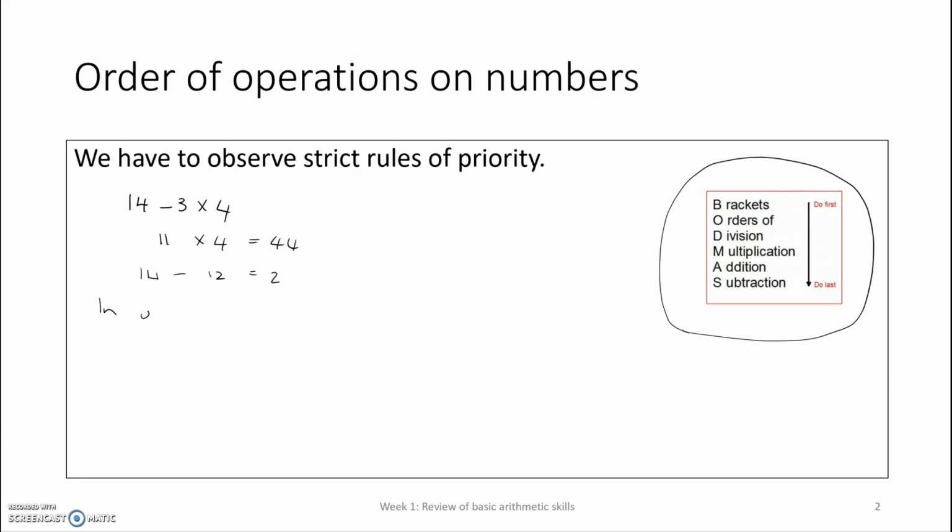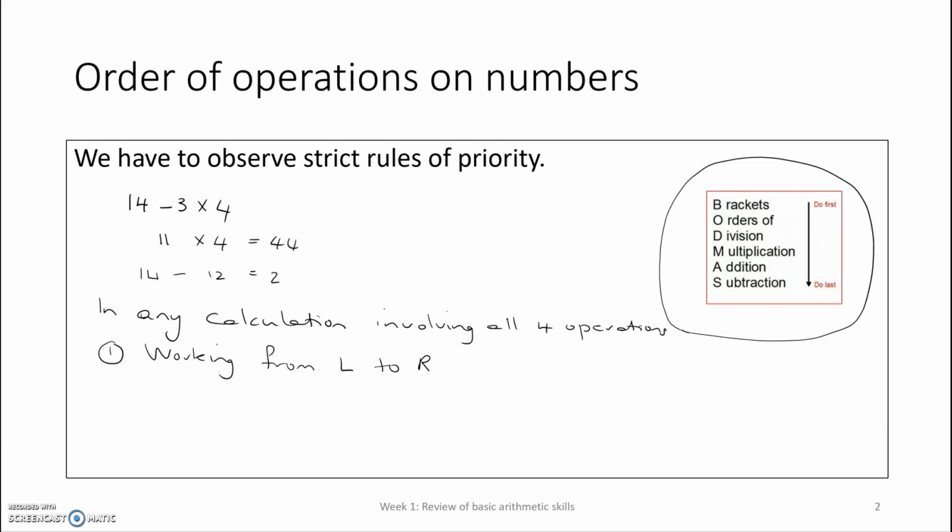So in any calculation where we've got all 4, then we work from left to right evaluating any divisions and multiplications as we get there.